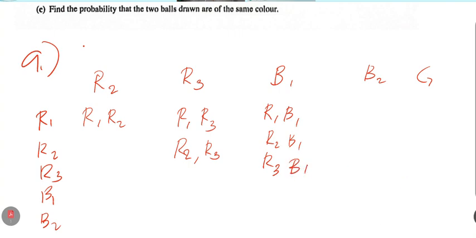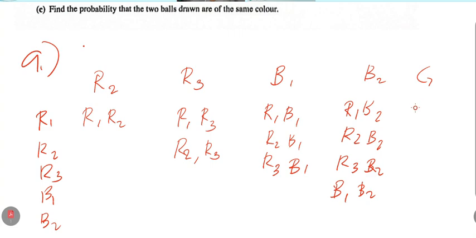Next we have B2: R1, B2, R2, B2, R3, B2, and B1, B2.